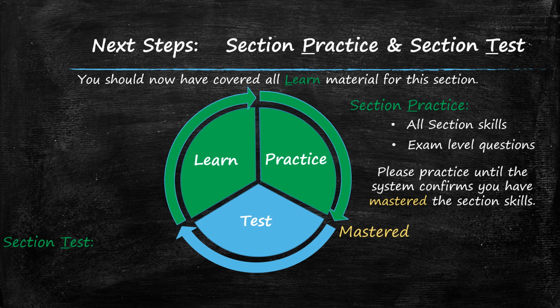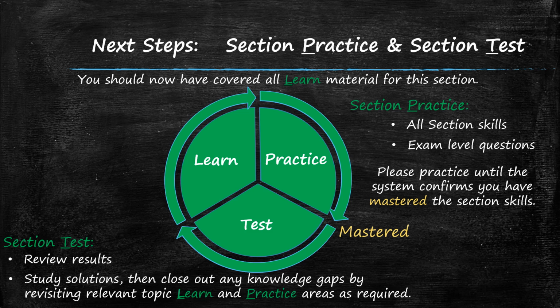Once you've completed the section test, you should review your test results. The system will mark your test and provide worked solutions for all the questions taken. You should study the solutions in detail for any questions you happen to get wrong, and then close out any related knowledge gaps by revisiting the relevant learn and practice areas as required.